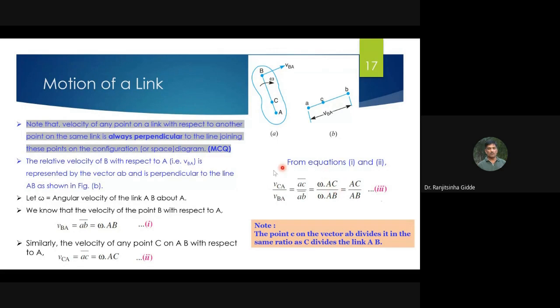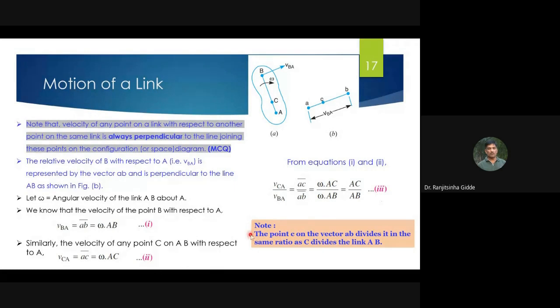So from this equation 3, what are we observing? This point C on link AB and this small c on the vector diagram divide this AB and this ab in the same ratio.